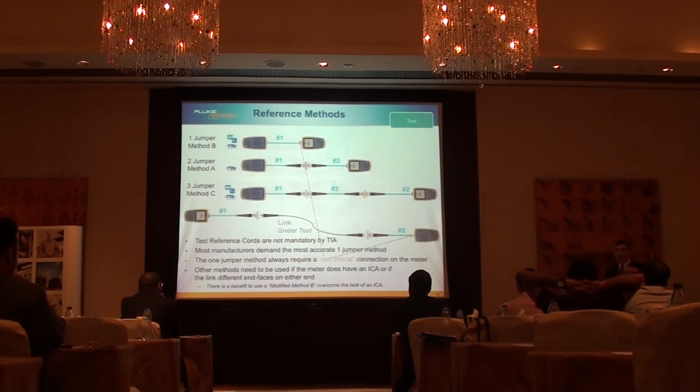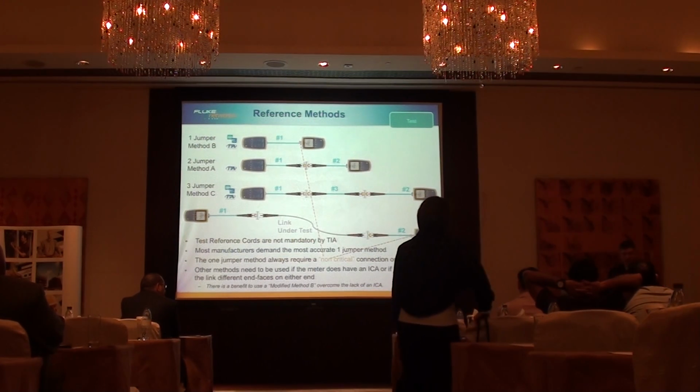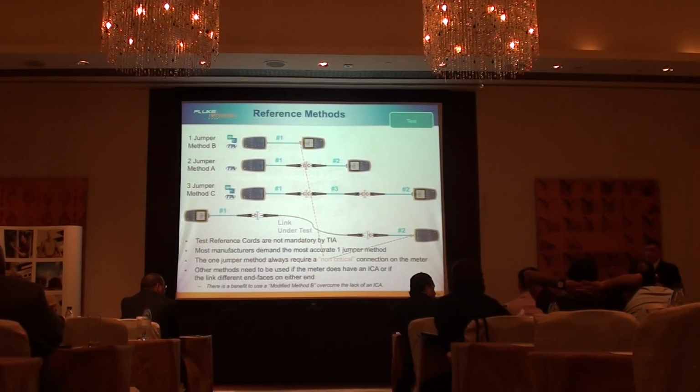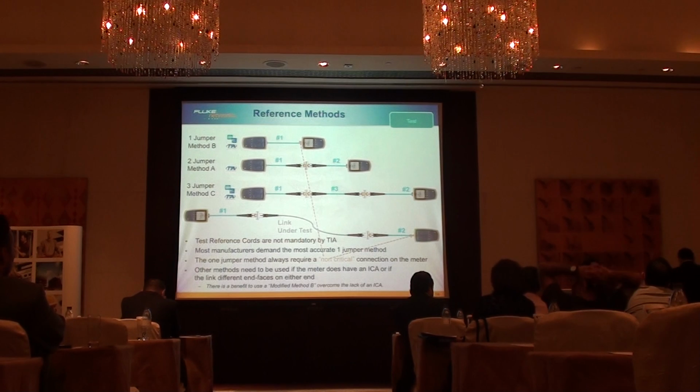You can change the adapters, whether you have SC or ST or whatever you have. It will come out of here. I will show you. You can change the adapters per your requirement. So you can run what we call method B. You don't have to do modified method B in your testing.